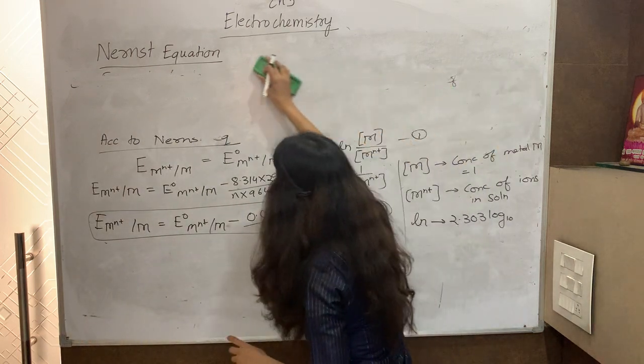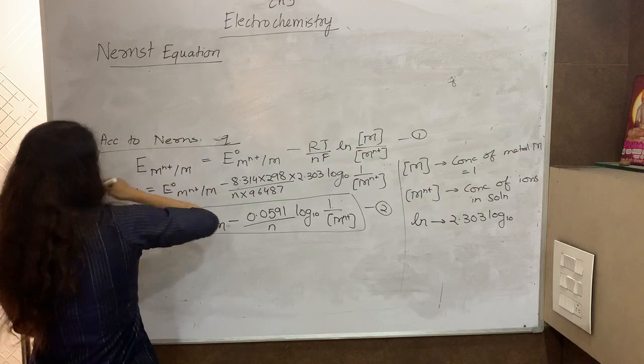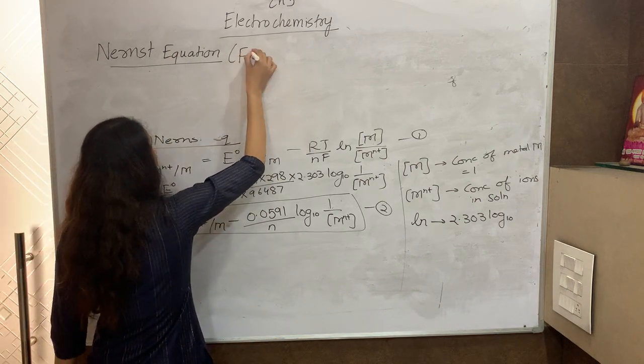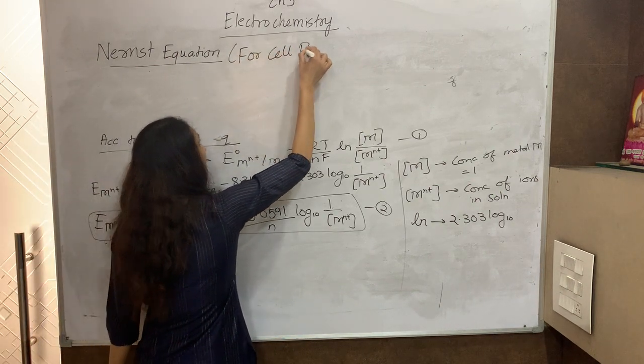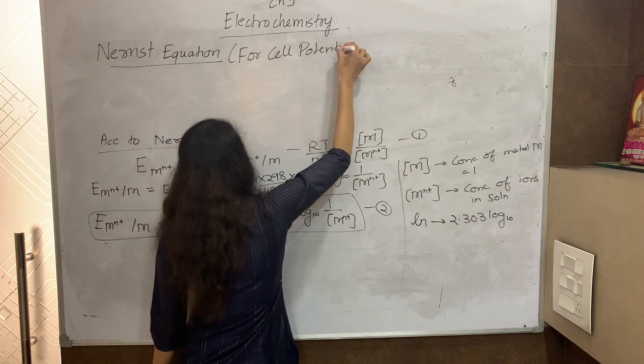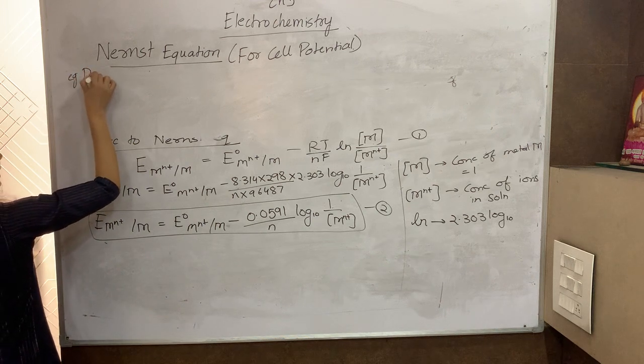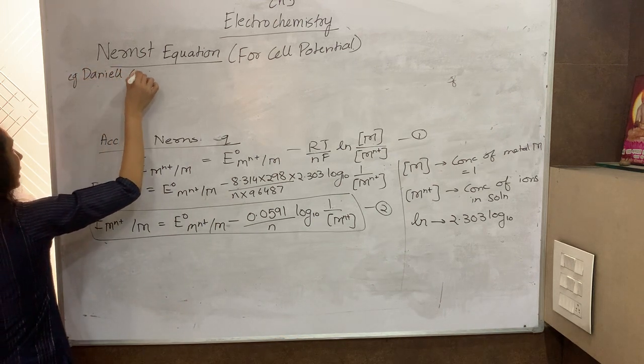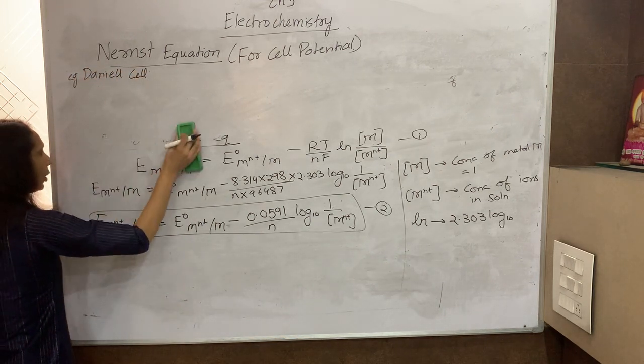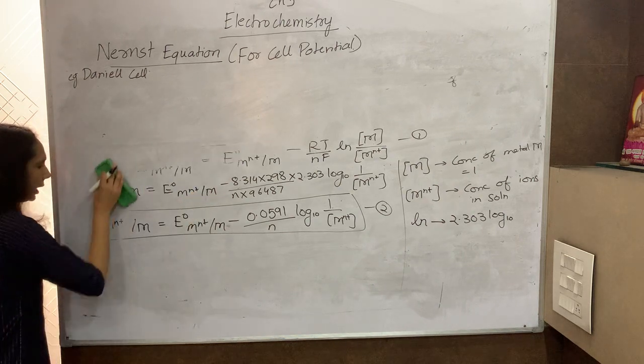And to find out the Nernst equation, in fact derive the equation for cell potential, we will be considering the Daniell cell as an example. You know, Daniell cell consists of zinc electrode dipped in zinc ions.